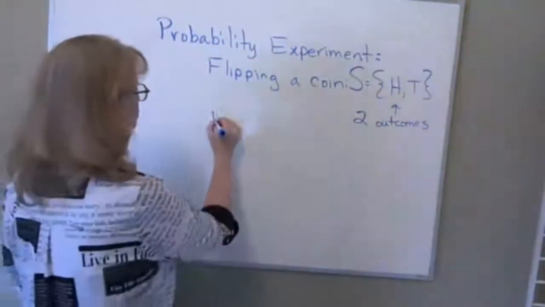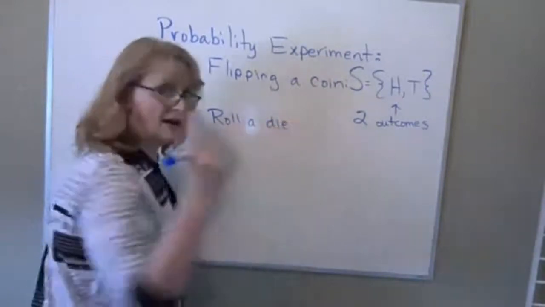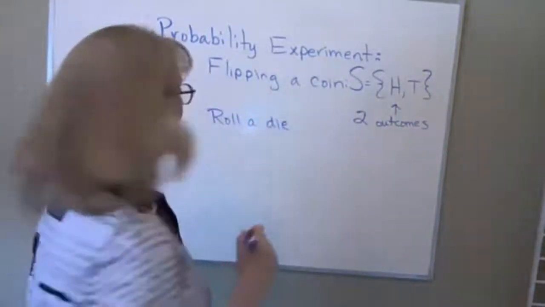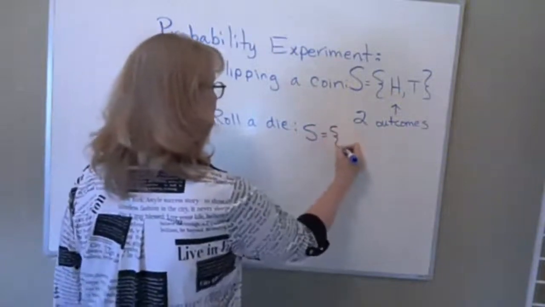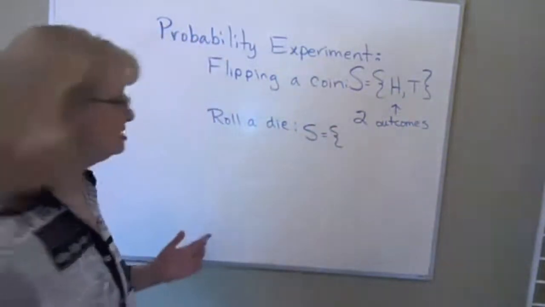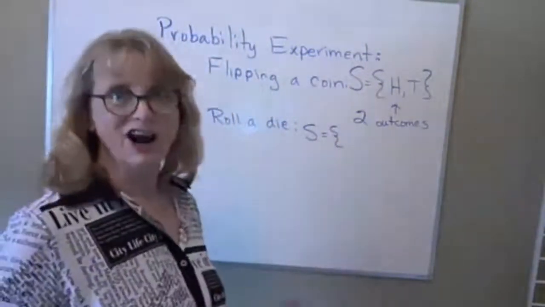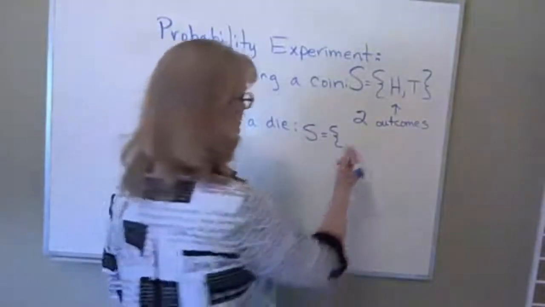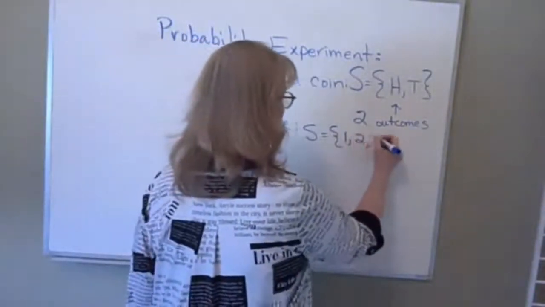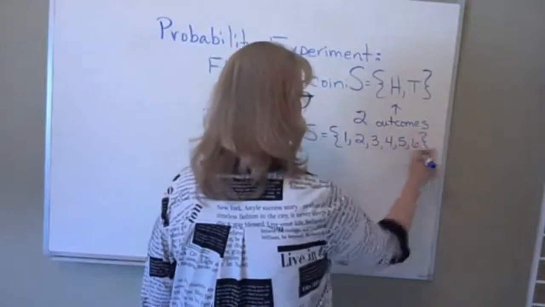And let's say we also roll a die. That's one of a pair of dice. And for that, your sample space is the numbers 1 through 6. A normal die. There are dice that have more than 6 sides, but most of them have 6 sides. So your possibilities are the numbers 1 through 6.